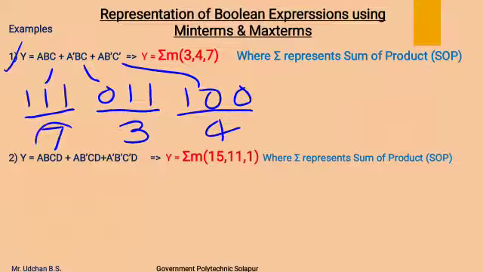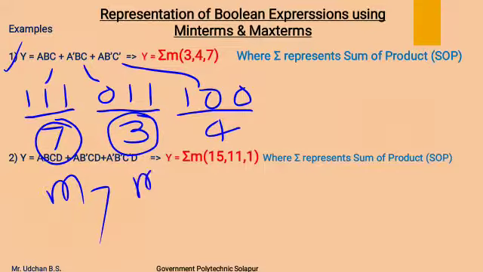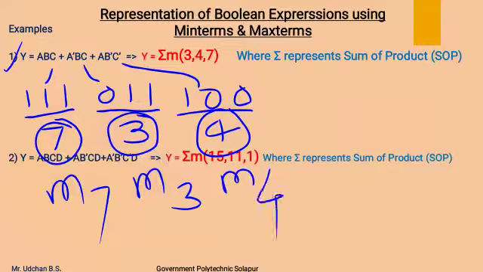So for 7 I can write m7 as a min term. For 3 I can write m3, and for 4 I can write m4 as a min term, and I will add all these min terms.